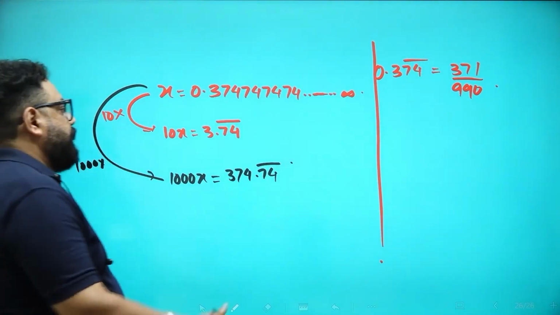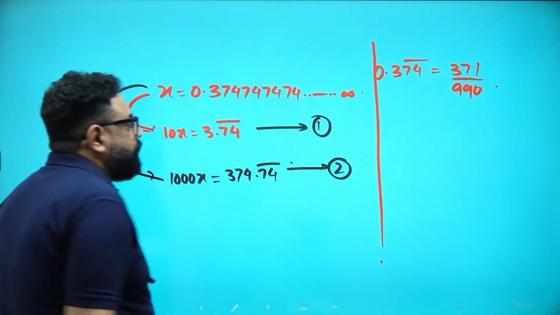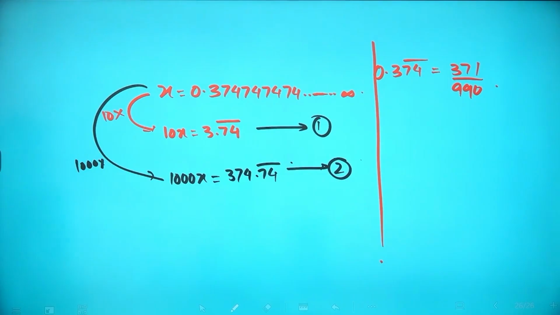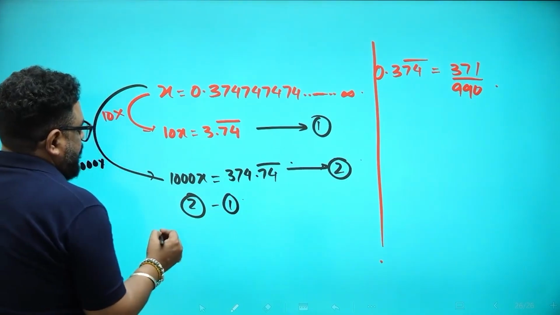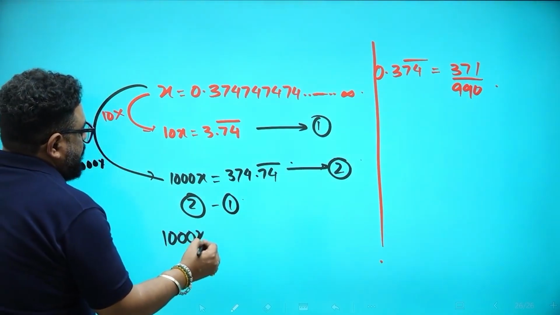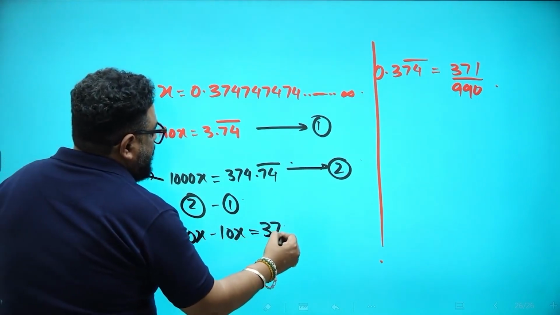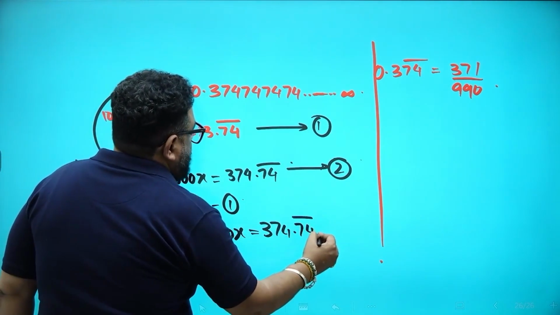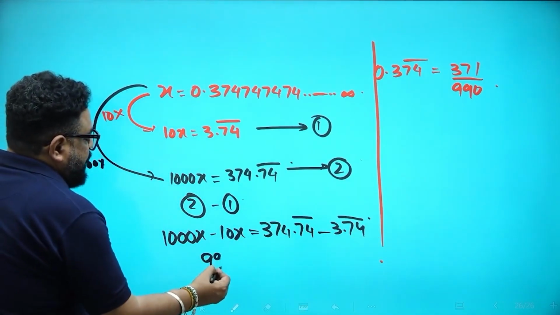Right? So you name this as 1 and you name this as 2. Can you make a note of this, please, guys? This is important. If I say 2 minus 1, it would be 1000 times x minus 10x, isn't it? Which comes out to be 374.74 bar minus 3.74 bar, which means 990x.